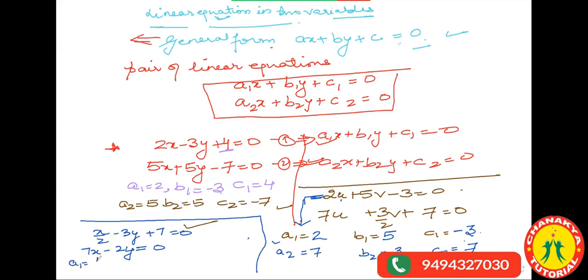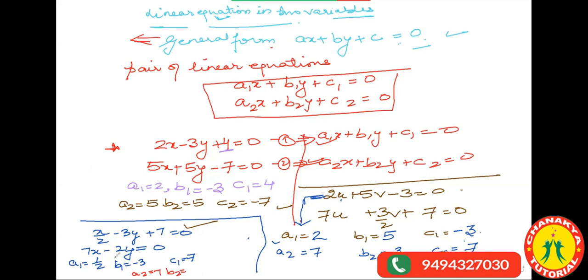A1 value is 1 by 2. B1 is -3. C1 is 7. Yes, good. Aryan, the values of A2, B2, C2. Ma'am, A2 is 7. B2 is 3 by 2. Then C2 is also 7.